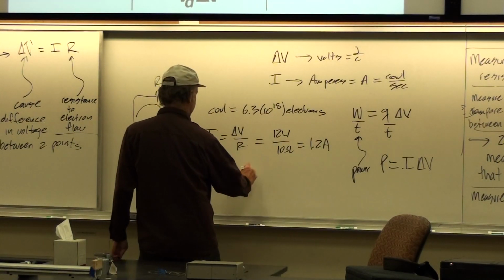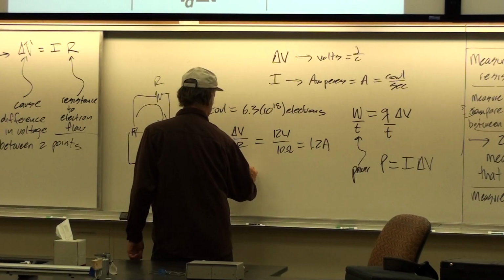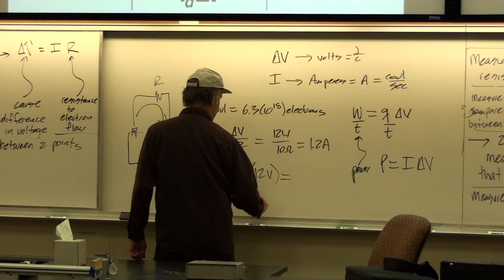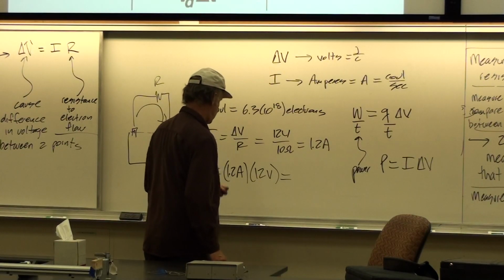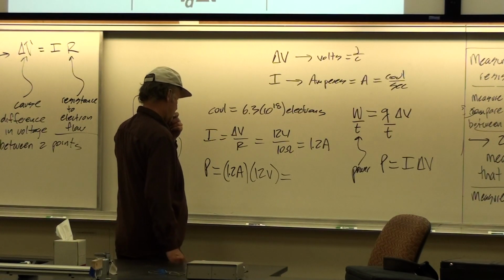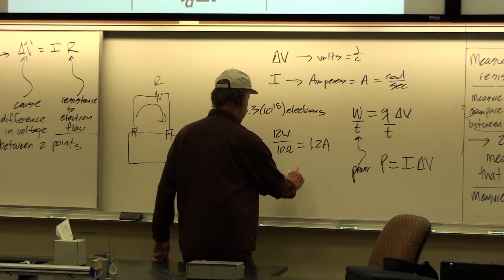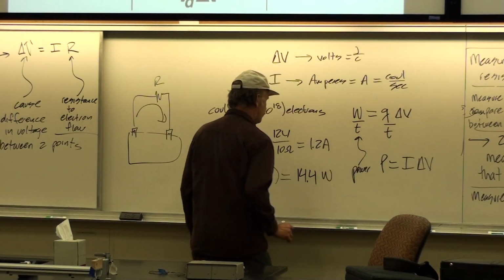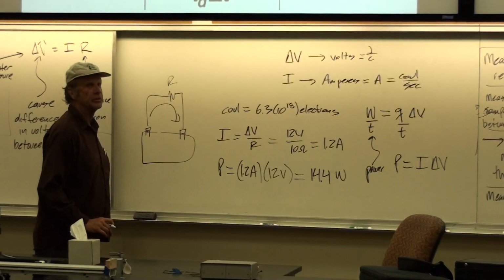P for this problem then would be 1.2 amps times 12 volts. And so that would be, let me see, 10% of that would be 1.2, 2.4. So that would be 14.4 watts, or 14.4 joules per second.